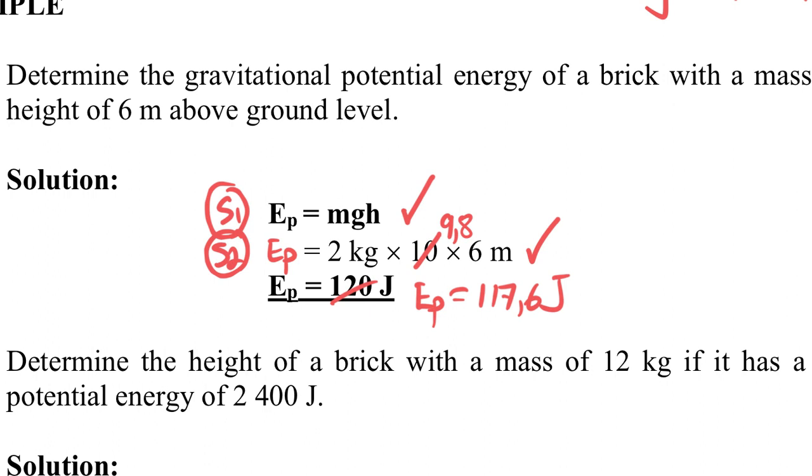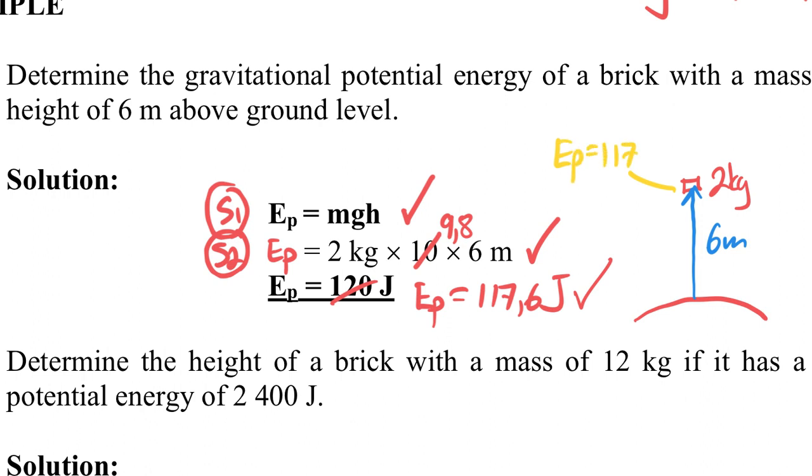So what that means is that if we take this brick of mass 2 kilograms to a height of 6 meters above ground level in the Earth's gravitational field, then that brick has got stored energy in it. That brick is going to have stored energy of 117,6 joules.